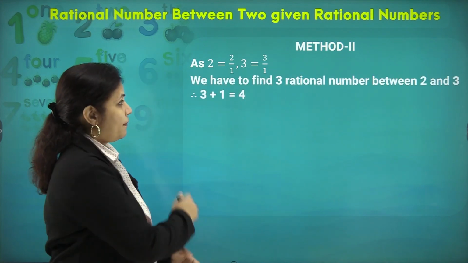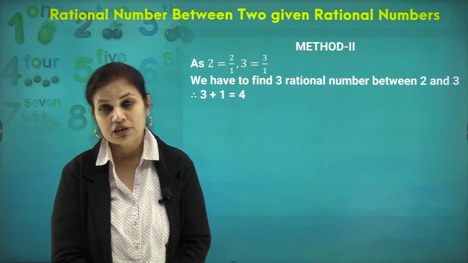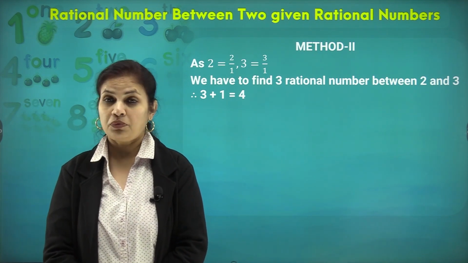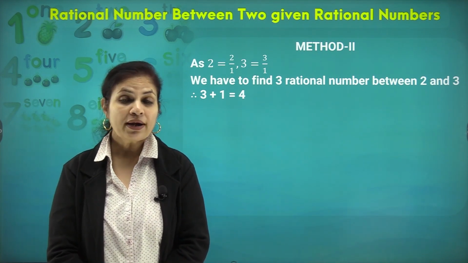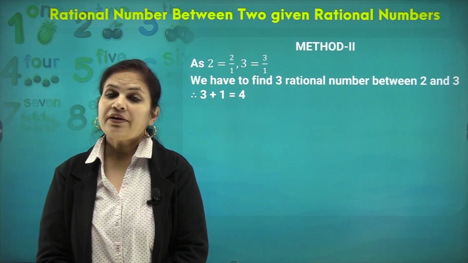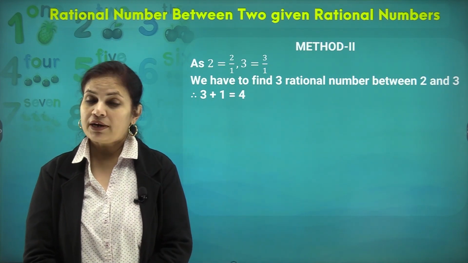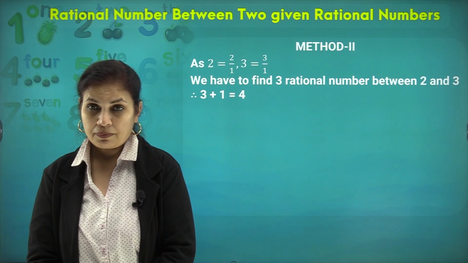Suppose I have to insert three rational numbers between 2 and 3. What would I do? I would add 1 to the total number of rational numbers which I require. If I require 3 rational numbers between 2 and 3, then I add 1 to 3 and make it 4.